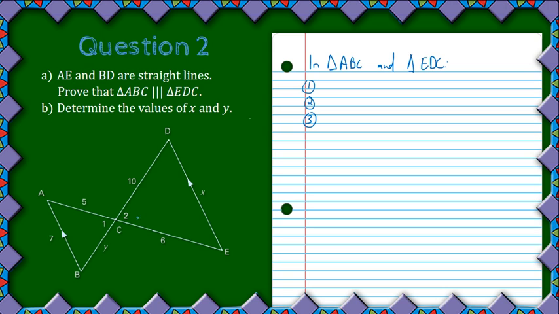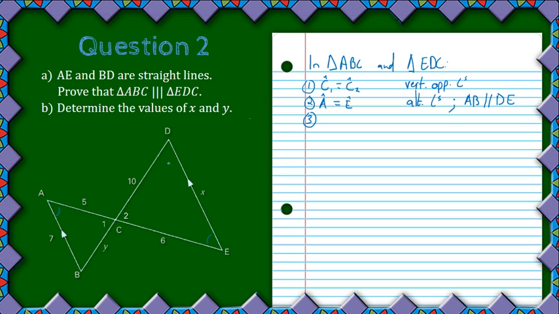Now, first of all, I can see that these 2 angles are vertically opposite, so I can say that angle C1 is equal to angle C2. My reason is vertically opposite angles. Then since these lines are parallel, we see that this angle and this angle are alternate angles. So I can say that angle A is equal to angle E. Reason, alternate angles, and AB is parallel to DE.